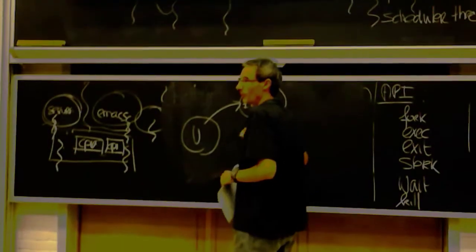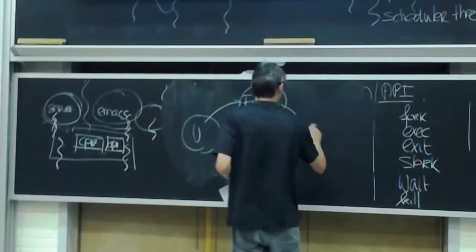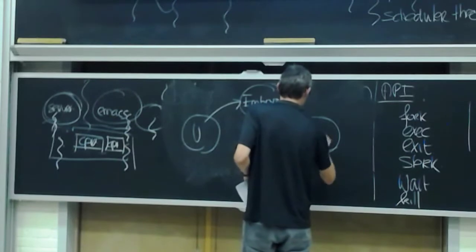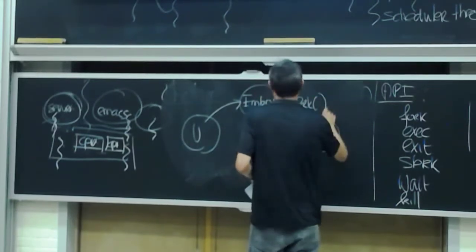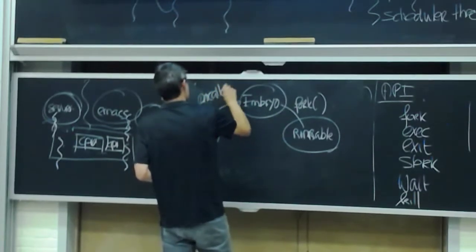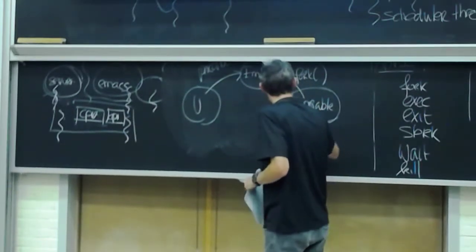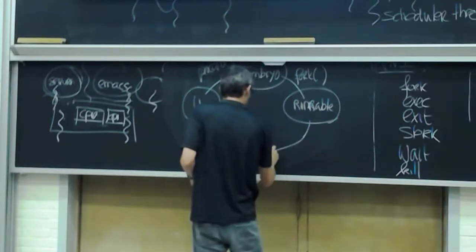Then at some point, fork finishes it off and sets it in the state runnable. This fork does this, and this is proc alloc. And then there's a couple of different states where it can be.